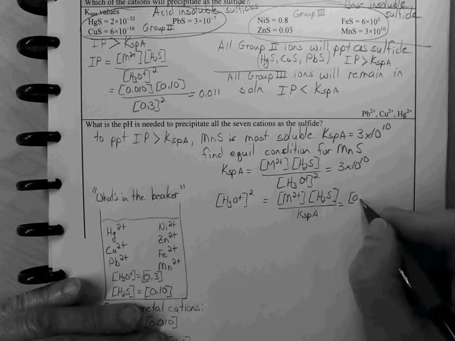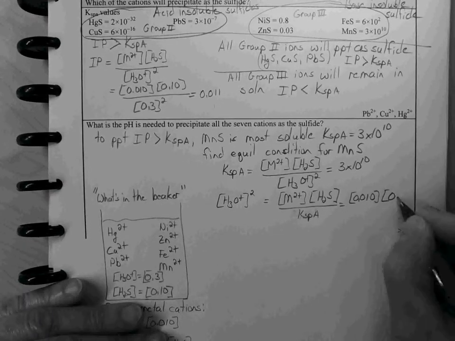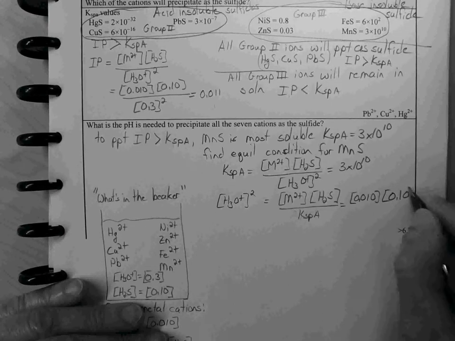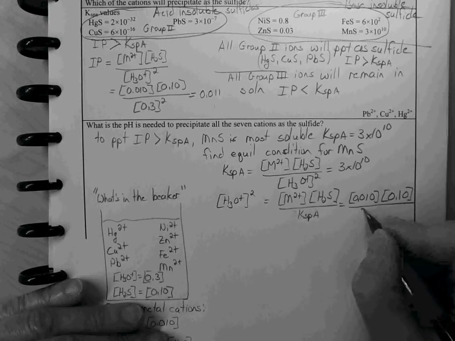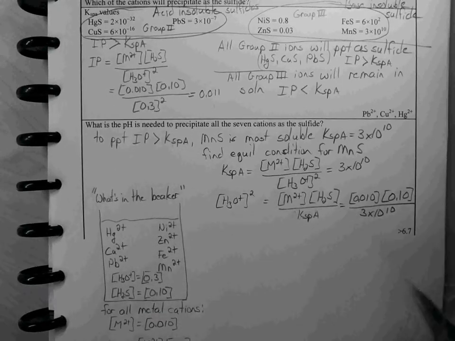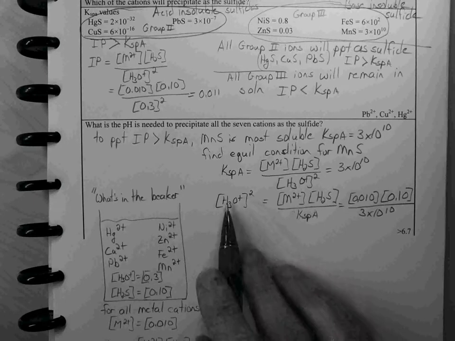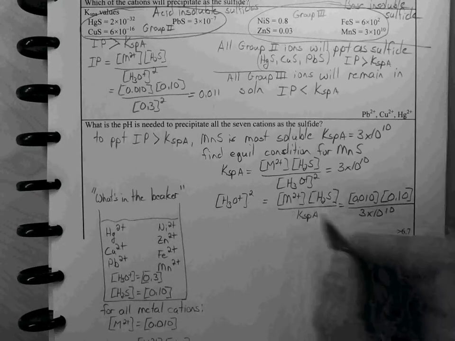Alright, so let's substitute our values. Our metal ion concentration is 0.010, H2S is 0.10, and our KSPA is 3 times 10 to the 10th. Alright, what we want to calculate is not H3O+ squared, but H3O+.